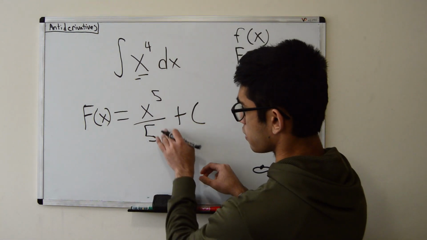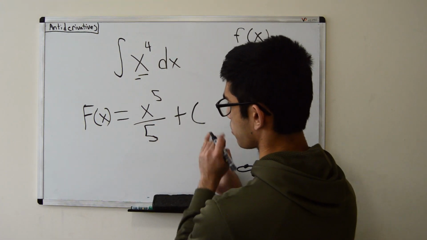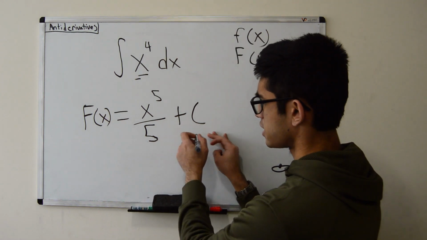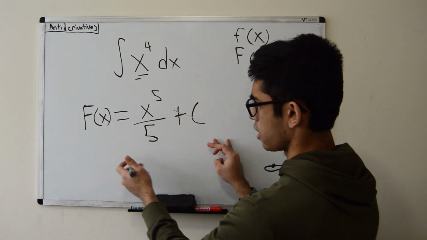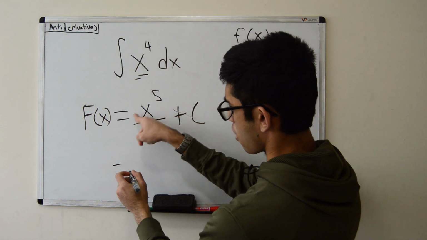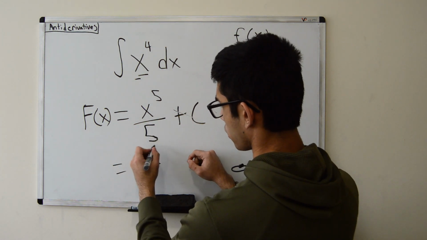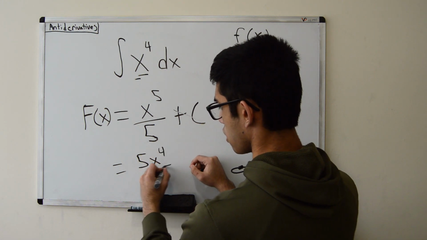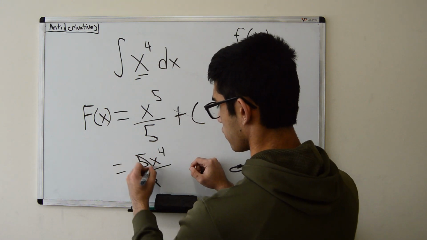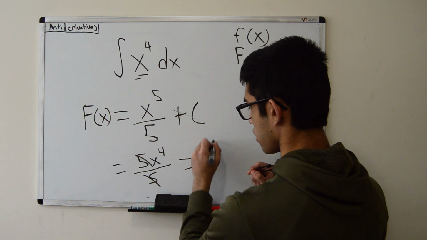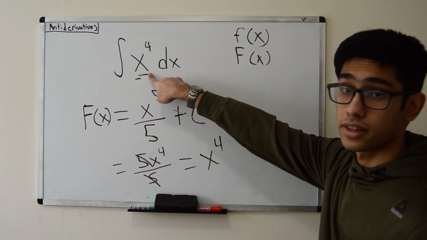So what's the derivative of x to the 5 over 5 plus c? Well, the plus c disappears, just gone. So I bring the power up to the front, and I lower the power by 1. What's 5 minus 1? That's 4. And there's a 5 down there. 5 and 5 cancel. And I have x to the power of 4, exactly what I had up there.